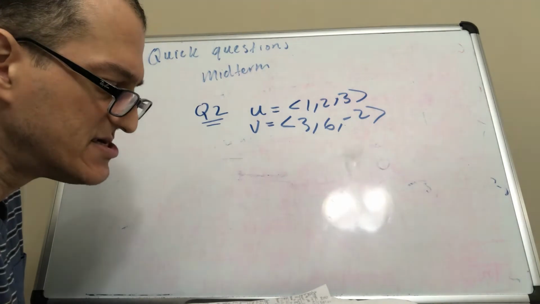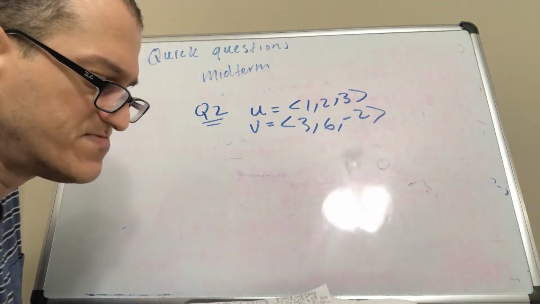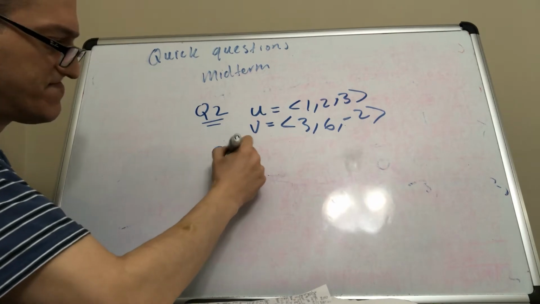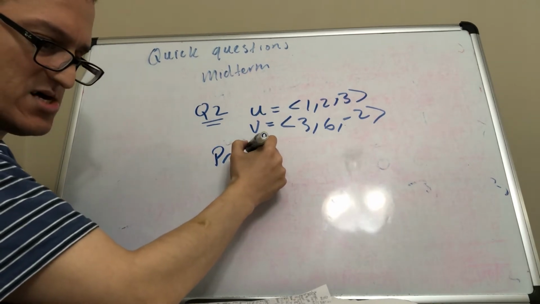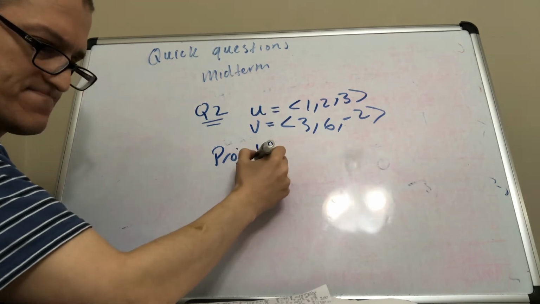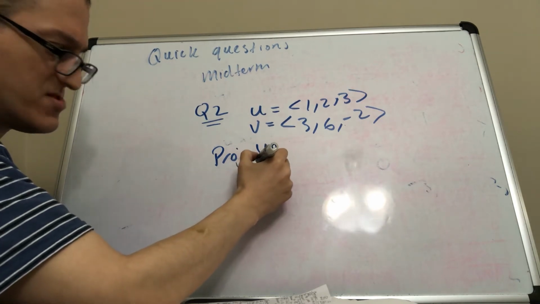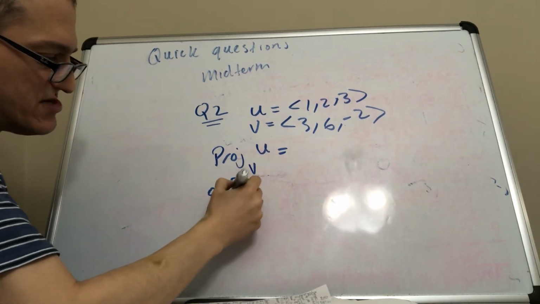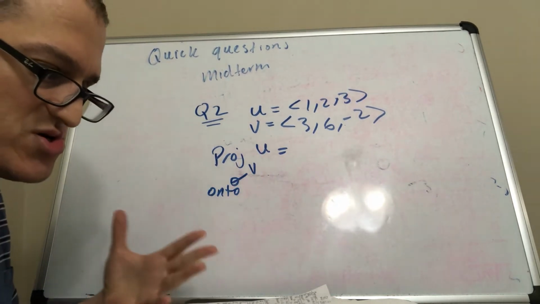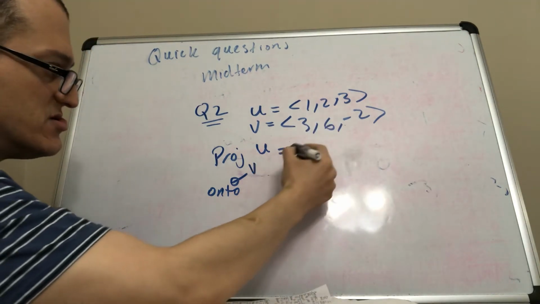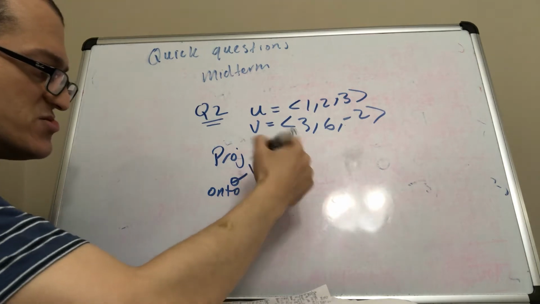You want the vector projection of u onto v. The one down here would be whatever you're projecting onto, the vector v. And the rule says you use the onto every time.